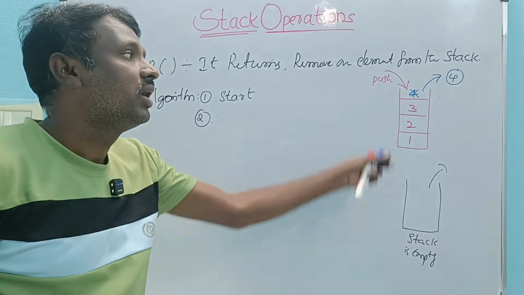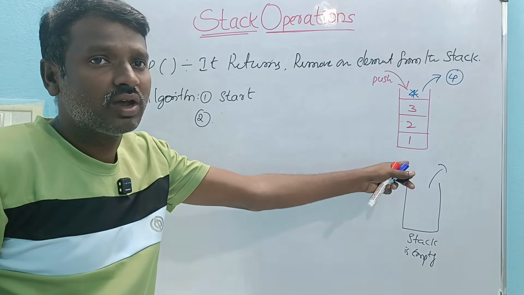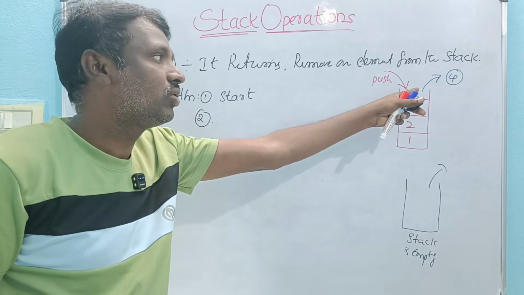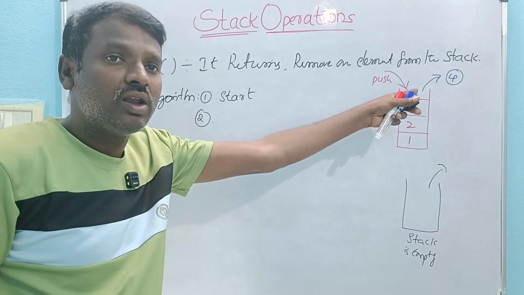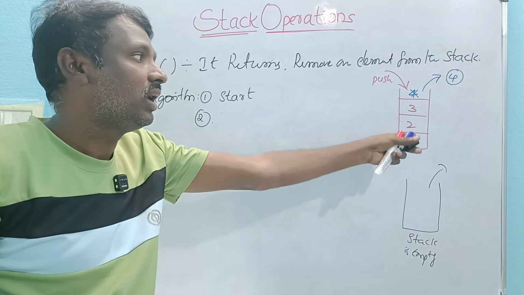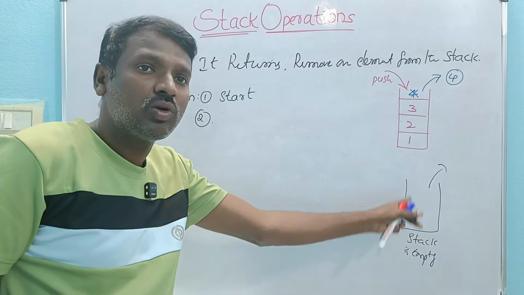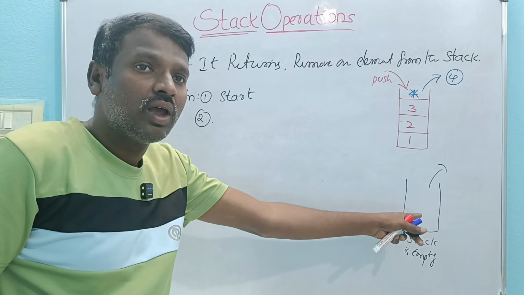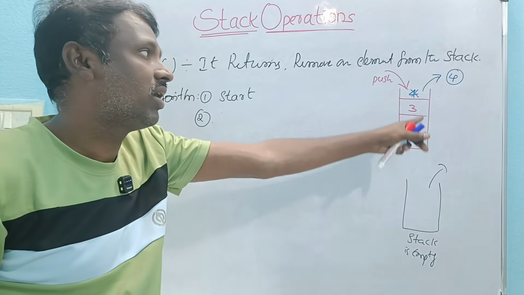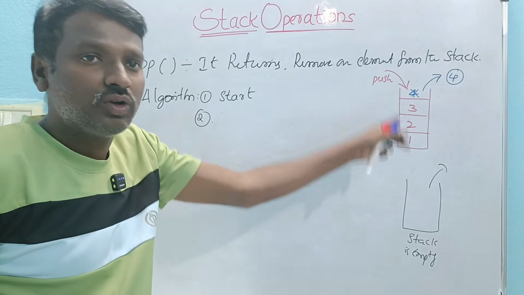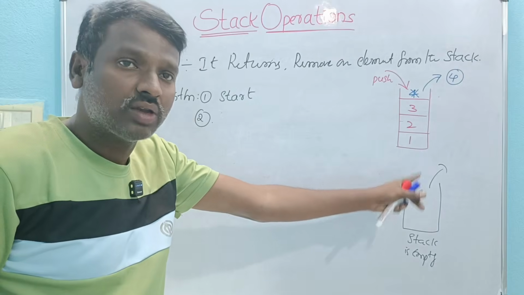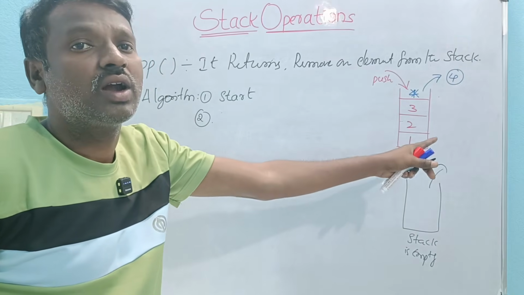When we remove an element from an empty stack, the condition stack underflow occurs. It is possible to remove or delete when a stack has some elements. So this stack allows removing, but in this stack it is not possible to delete or remove an element. Both are stacks, so that's why we check the condition first.